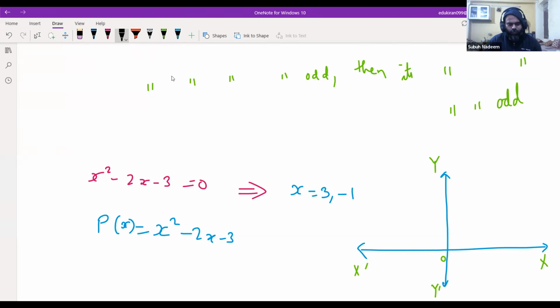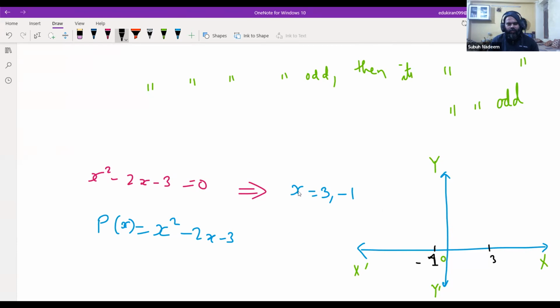It'll have 3 regions, right? Yes, three regions. We plot 3 here, we plot minus 1 here, and we will draw the graph. It is not too difficult to draw.